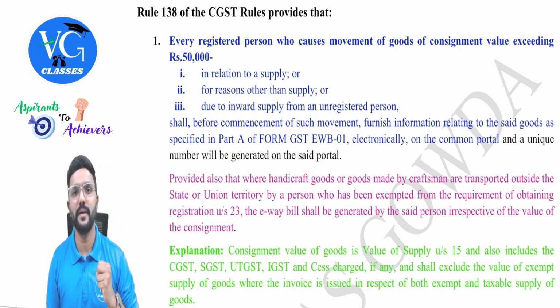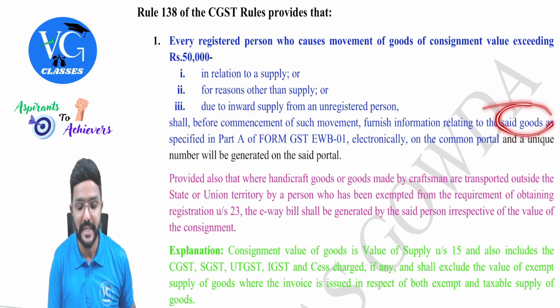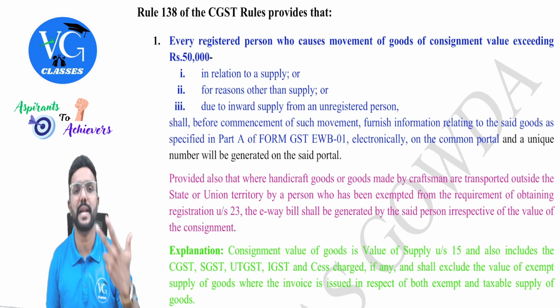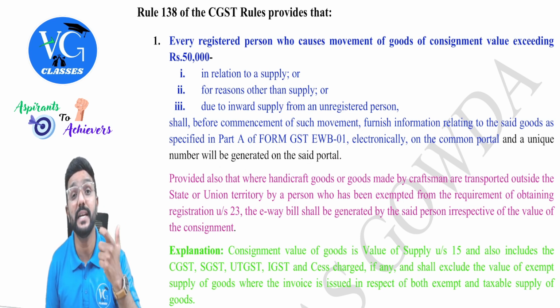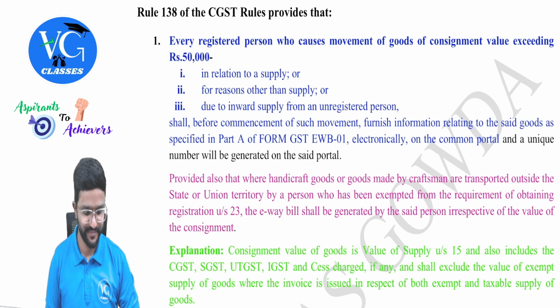And using that unique number, can we update the vehicle details? Yes, in Part B. So once we have given the goods details in Part A, a unique e-way bill number would be generated, guys. Using that, either the supplier or the recipient or even the transporter can update the vehicle details in Part B. That Part B we will see later.